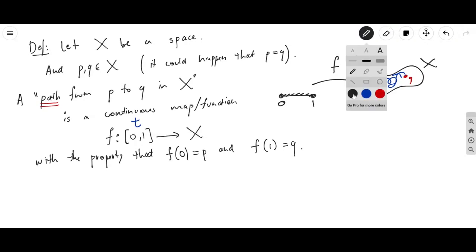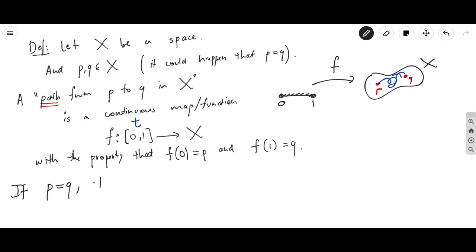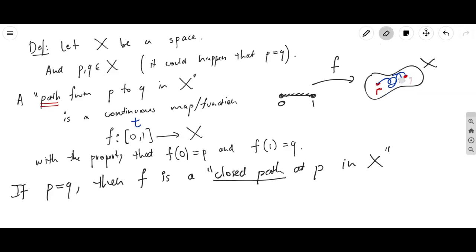So a closed path: if P is equal to Q, then f is a closed path at P in X. This is when the beginning point and the ending point are the same. Then you have a closed path.